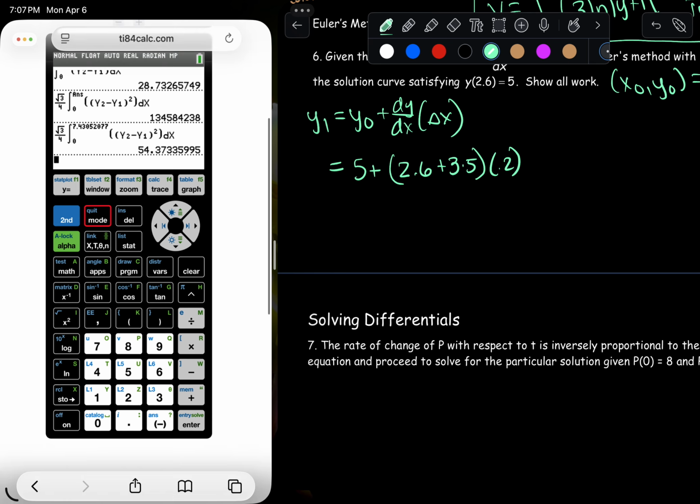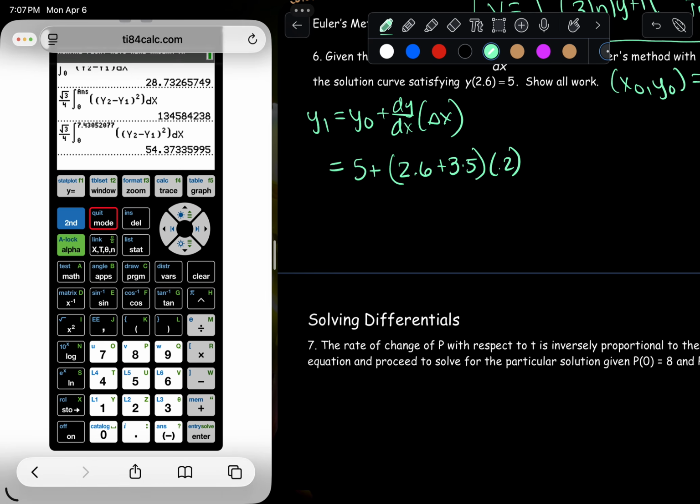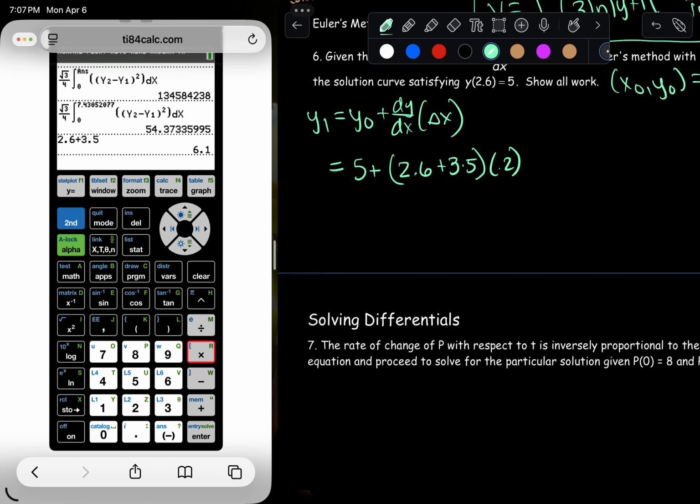All right, so we do have a calculator. Again, be time efficient. So we'll have 2.6 plus 3 times 5, and then times 0.2, and then plus 5. So we get 6.22. I multiplied.